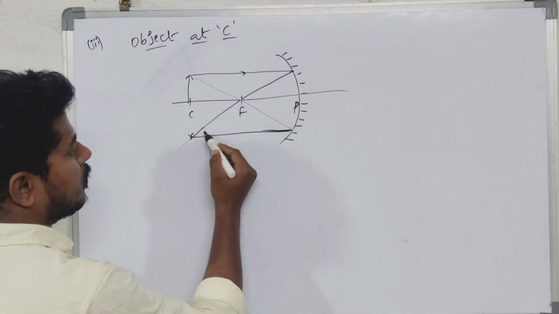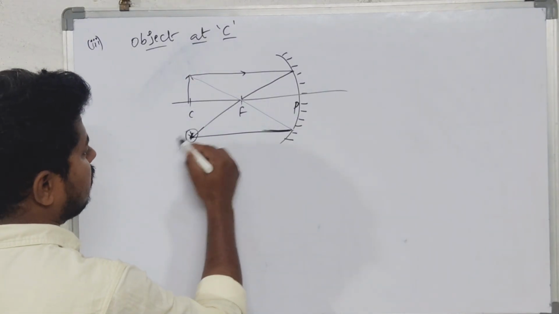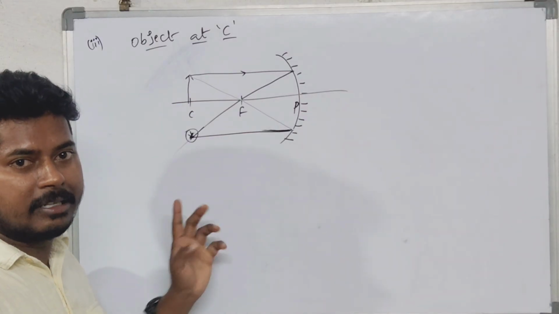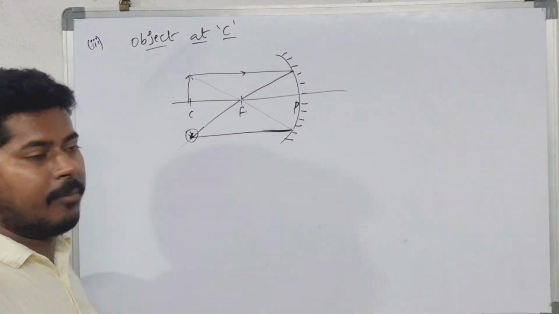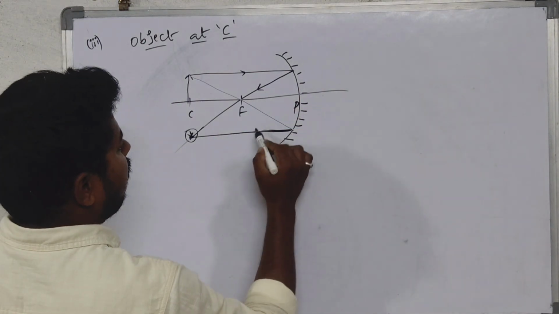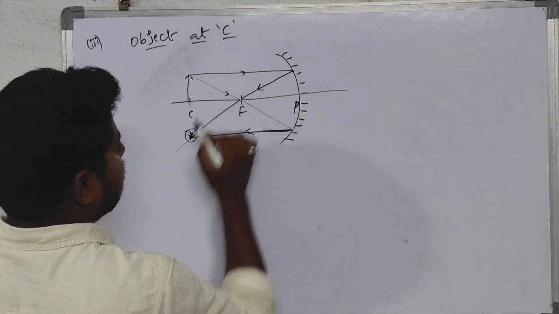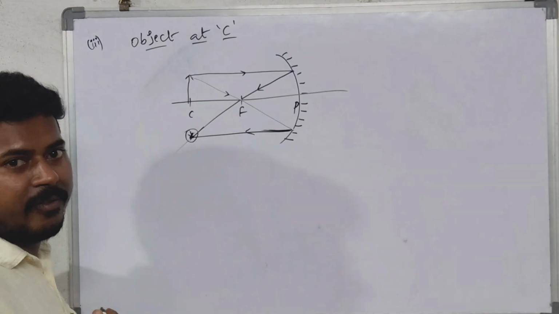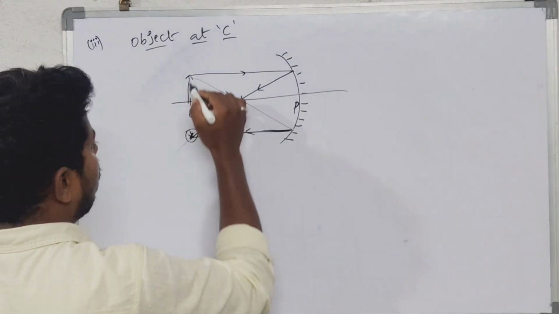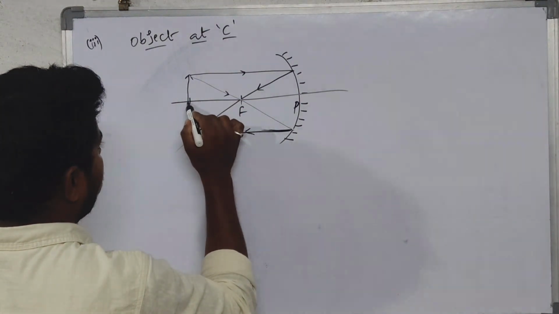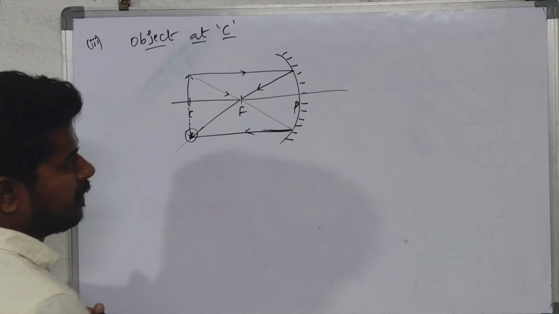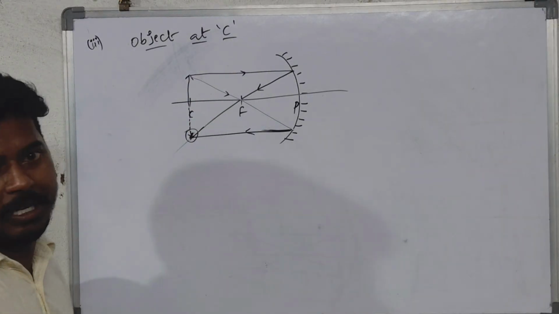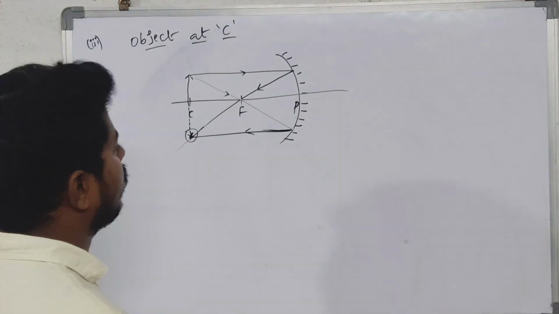Where the reflected rays intersect, the image is formed. These two reflected rays intersect here. Here the image is formed. Now measure the image size from the principal axis. It will be the same size as the object.